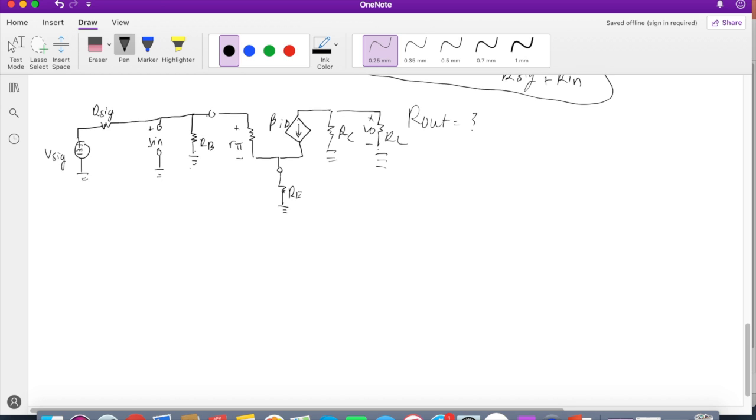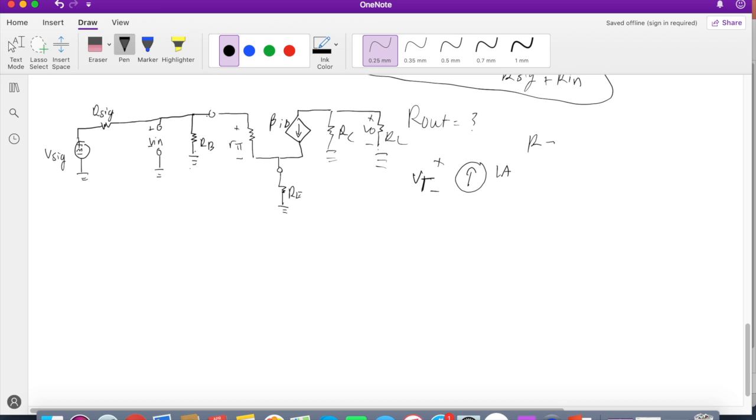So again, we're finding a Thevenin equivalent resistance in the eyes of the output voltage terminal. Now, we're going to be adding a 1 amp current source. This is the easiest way to always find the output resistance, while when we find the input, we're simply finding a function of V in and a function of I in. Since it's a 1 amp current source, there's going to be a voltage VT across it.